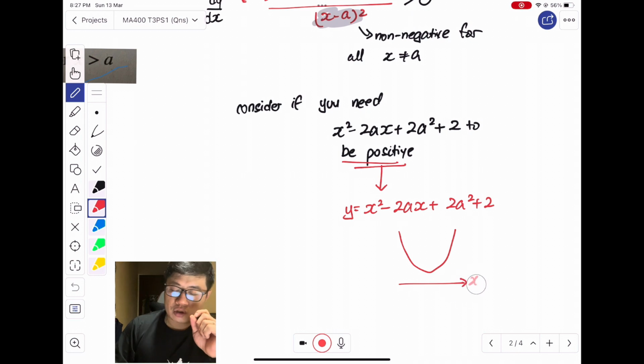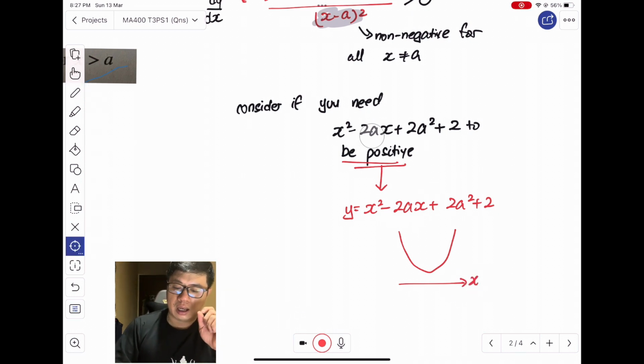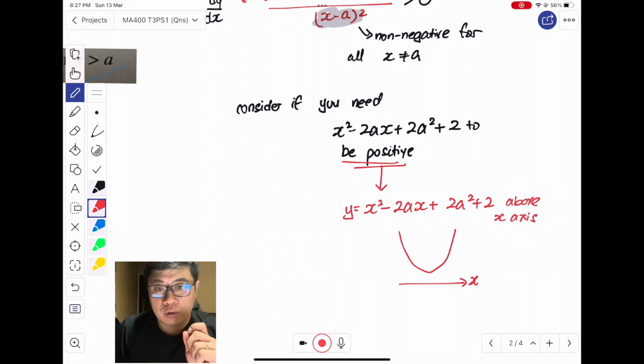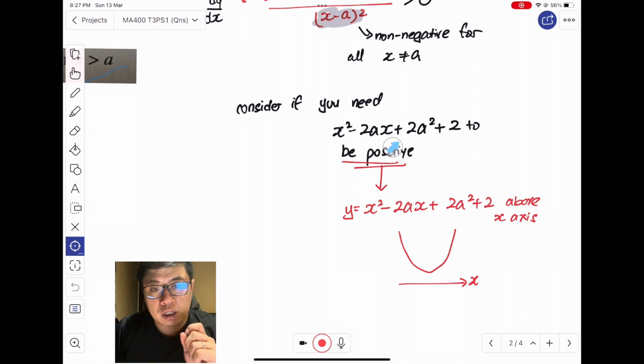So if you want this function expression to be positive, it means that you want the graph to be above the x-axis. Okay, what else? Now think about H2 math.